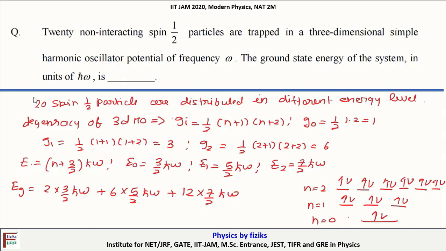So we add up: 84 plus 30, 114, plus 6, 120 by 2, which is equal to 60 h cross omega. So my answer here is 60.